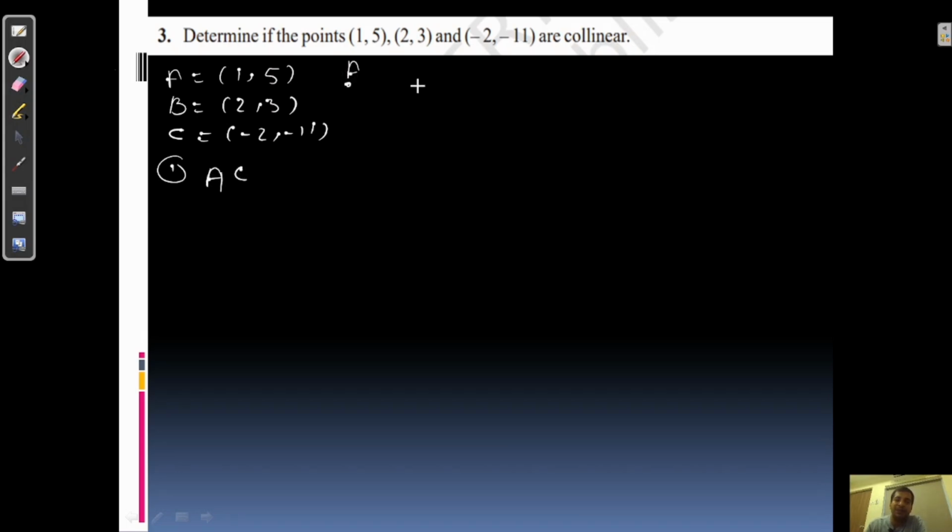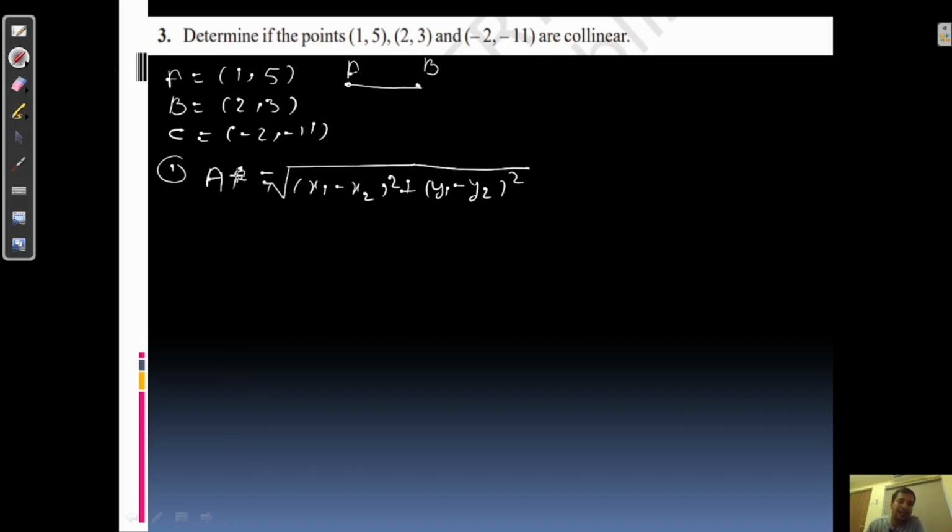This is point A and let's say this is point B. For finding the distance between them, we are going to use the distance formula, and the distance formula is what? Root of (x1 minus x2) whole square plus (y1 minus y2) whole square. So this is our distance formula that we are going to apply for finding the distance between A and B.